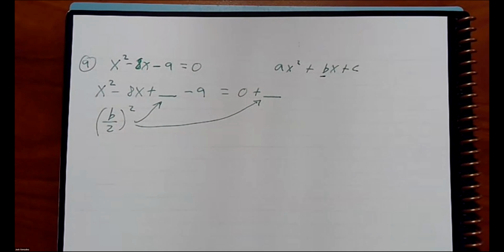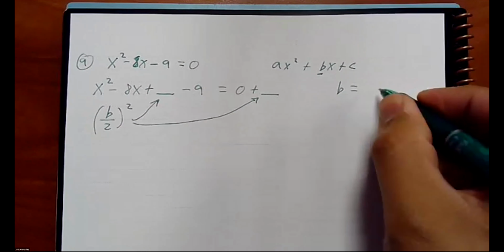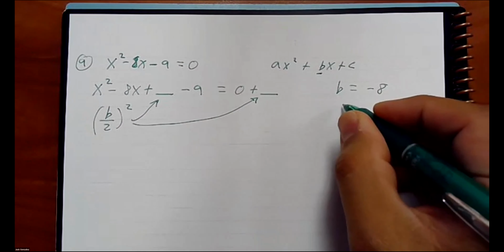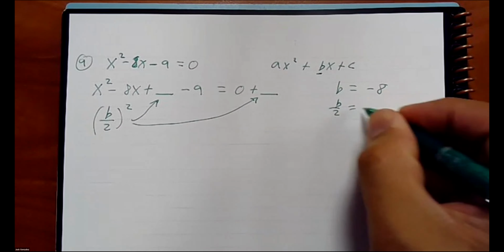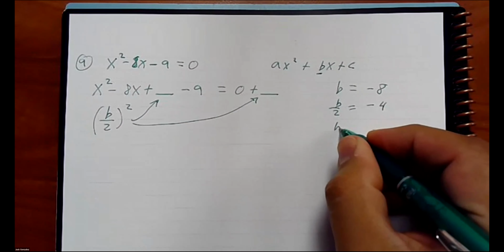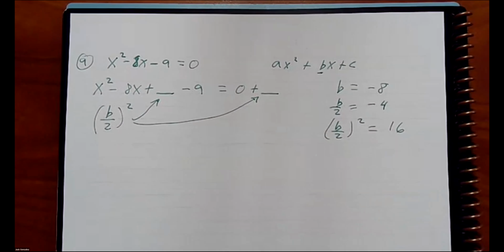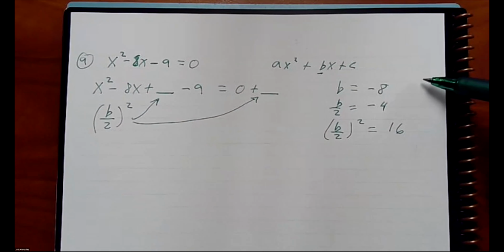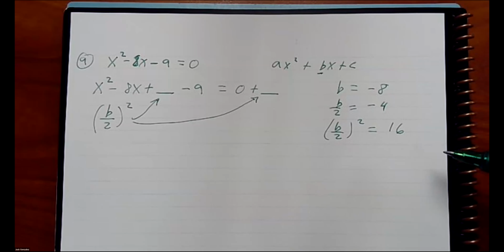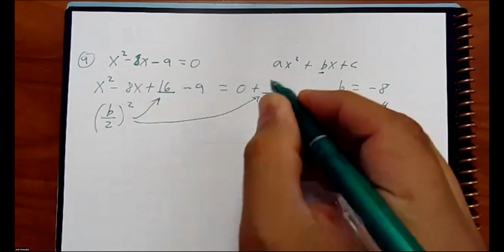Okay. So b, in this case, is -8. Half of b is this. Half of b squared is this guy, right? Do you agree with this, the algebra here? So just put 16 here.